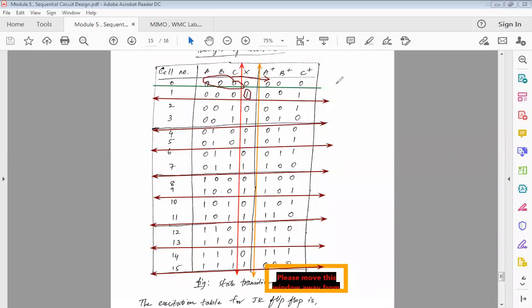Clock is moving from 0 to 1. So we are in a high state now. When the clock is moving from 0 to 1, if it is 0, then it will move to the next value, which is 1.